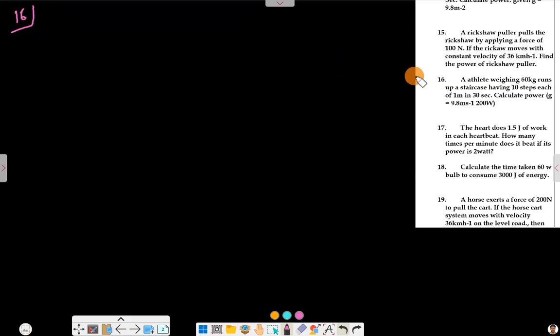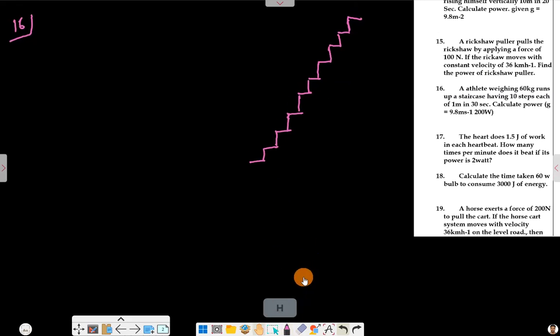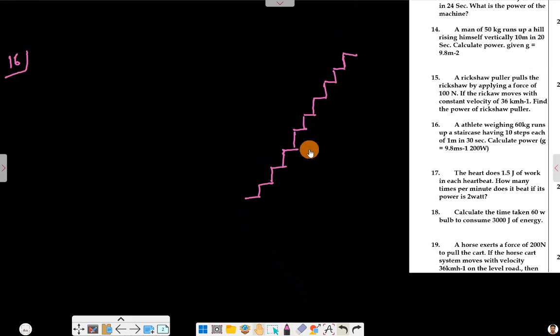It is mentioned that an athlete weighing 60 kg runs up a staircase having 10 steps each of 1 meter. So there are 10 steps, means 10 stairs are there. So this is 1, 2, 3, 4, 5, 6, 7, 8, 9, and 10.